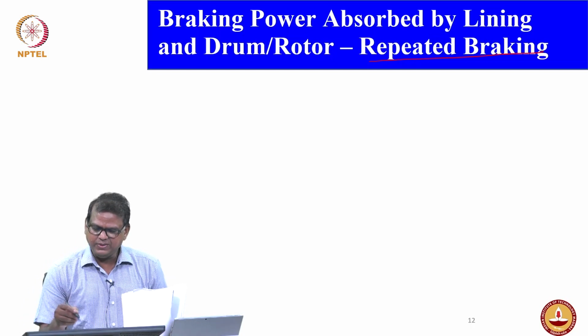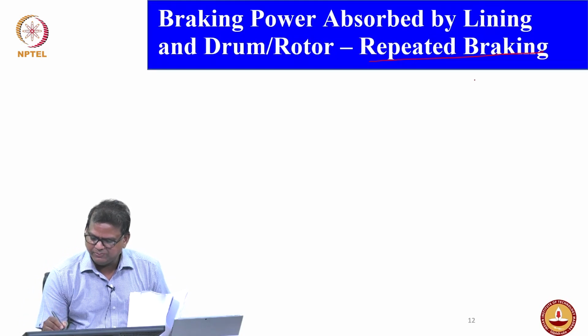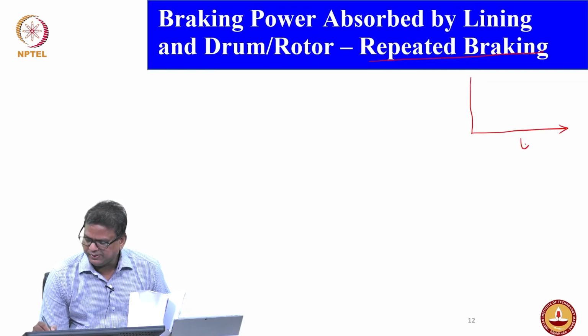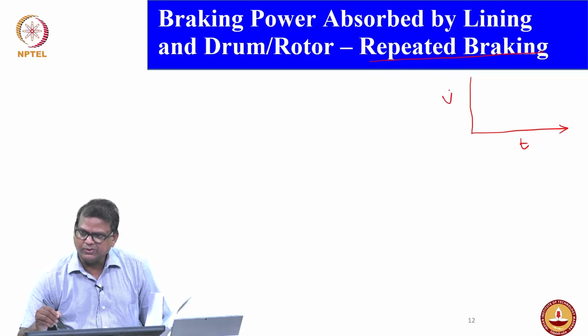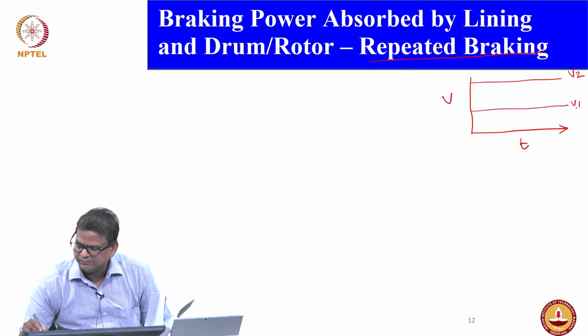Okay. So, let me ask a question: what do you mean by repeated braking? Assuming that this is the time and this is the velocity of the vehicle. Normally you have to accelerate to one particular speed, maybe V2, then another speed V1.